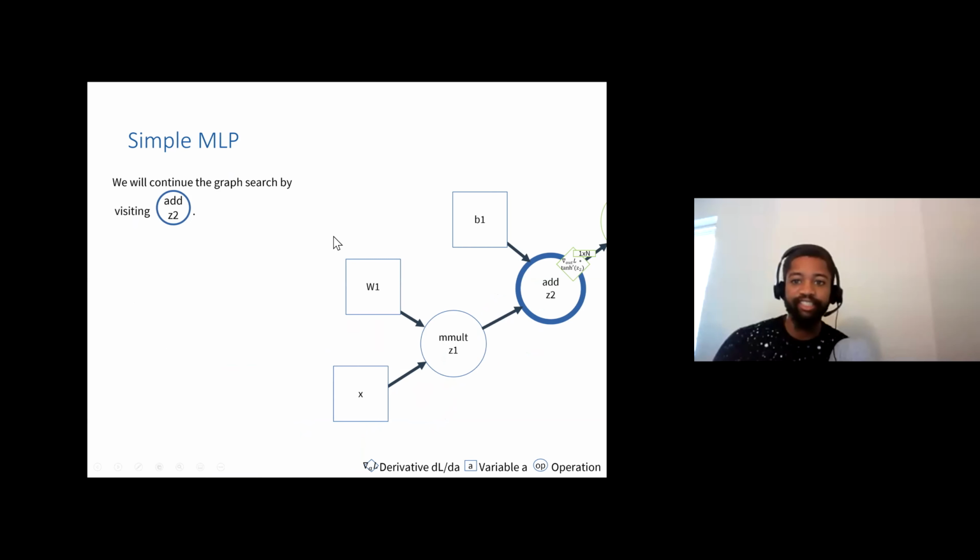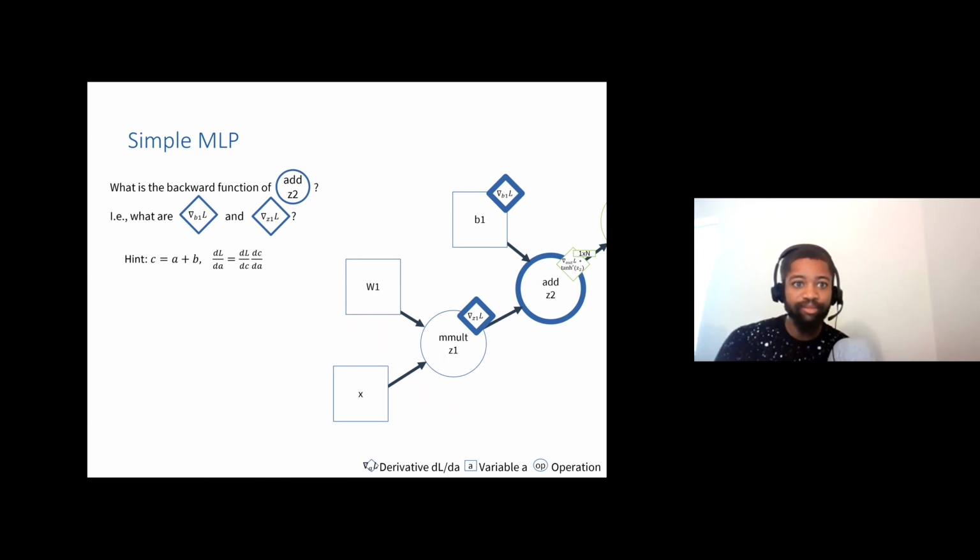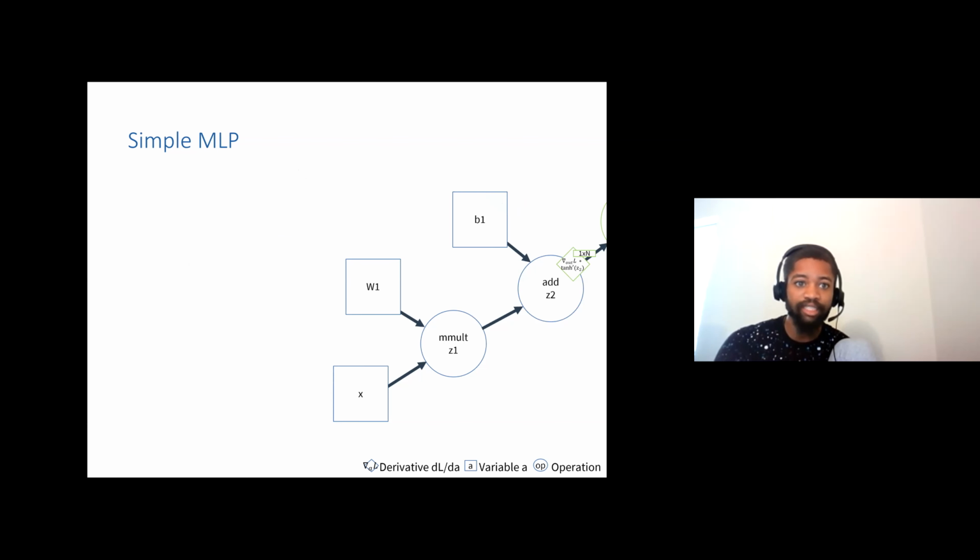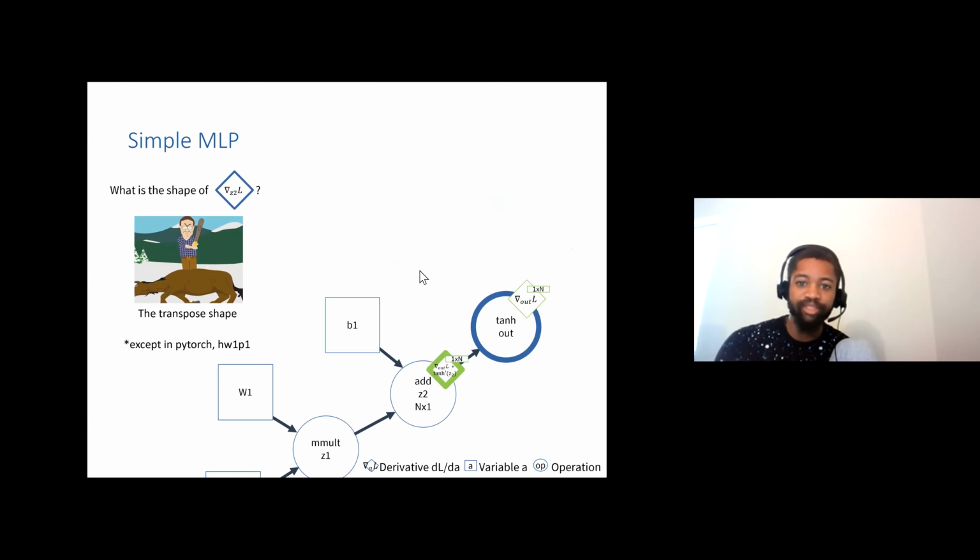By visiting Z2, which is an addition operation. Any takers, since we've gone over this before, for what the backward function of this would be? Someone asked what the note about PyTorch and homework 1 part 1 means. Basically, the gradients are generally going to be the transpose shape.